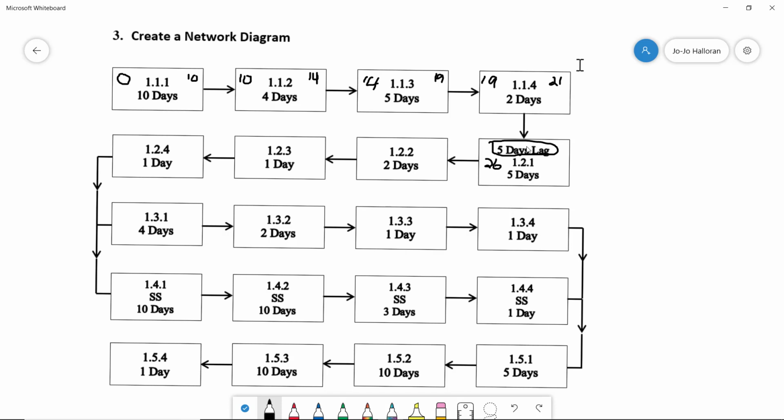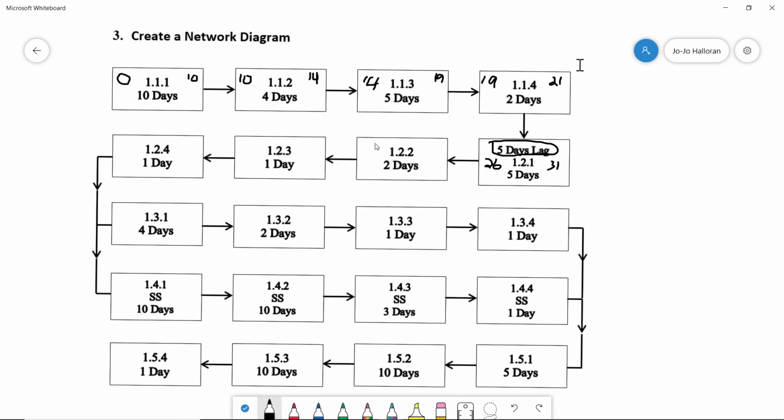That's 21 plus the 5 days lag. We have to wait 5 days before we can even start 1.2.1, because we have to wait for 1.1.4 to finish, and we have a 5-day lag. Now we add 5 days to that, so that's 31, which is the earliest day we can finish.